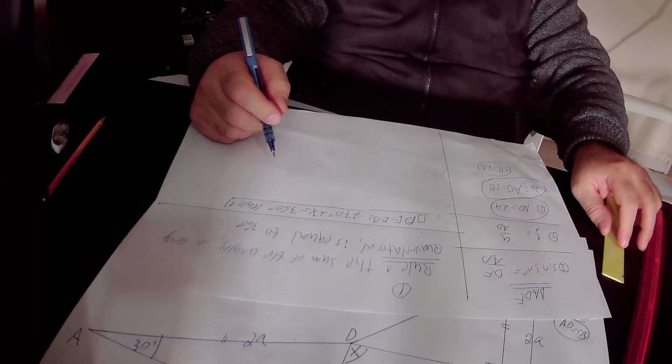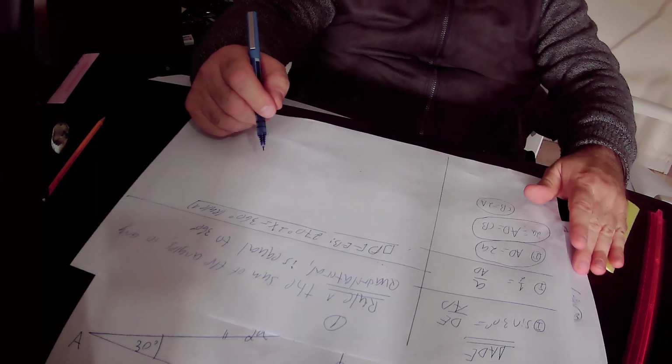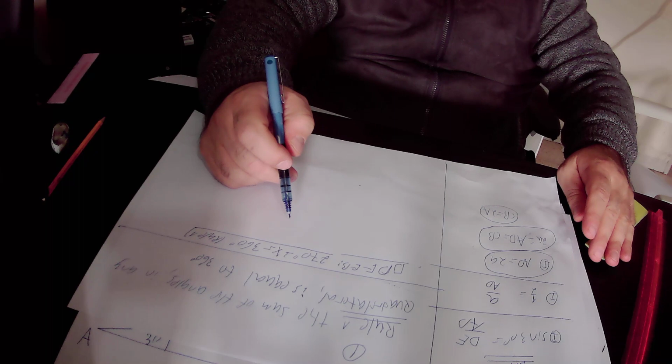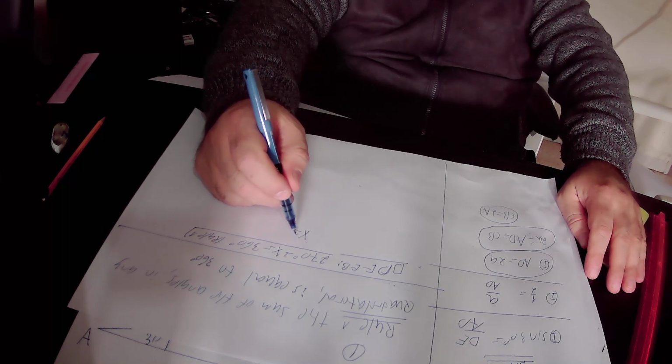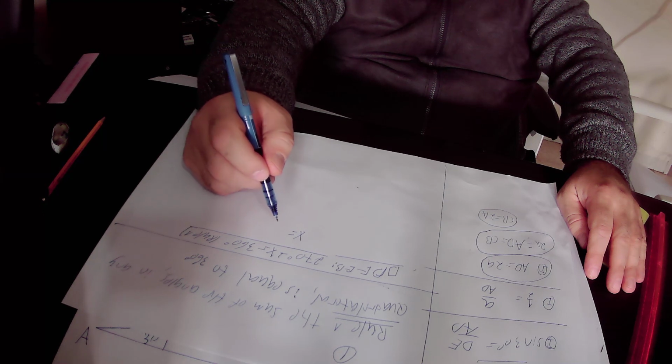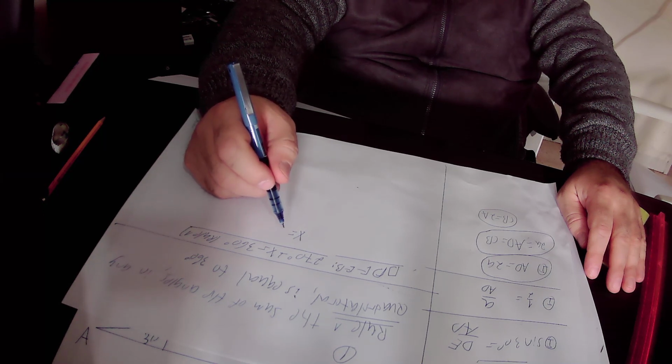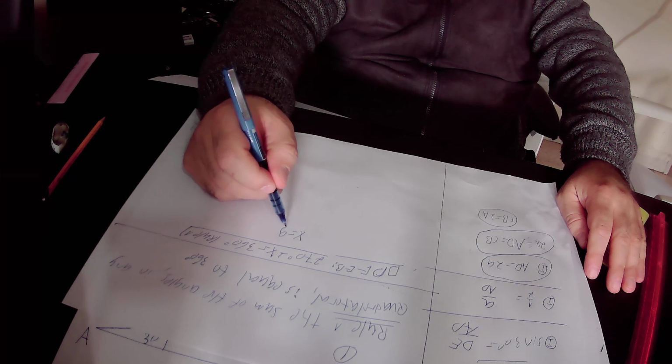So here we will subtract 270 degrees, and we will get that angle X equals 360 degrees minus 270 degrees. It is actually 90 degrees.